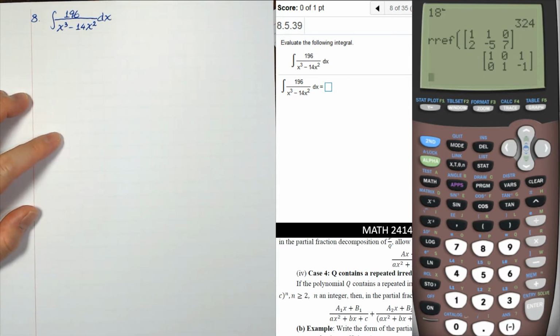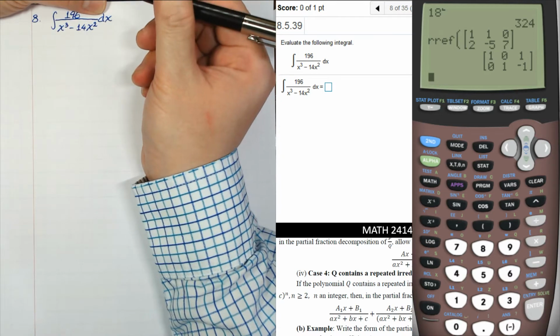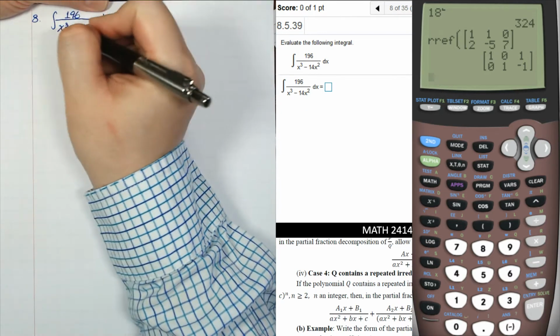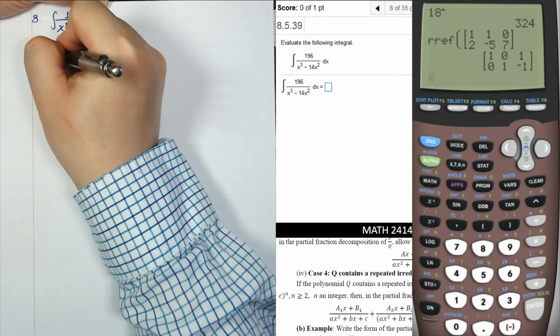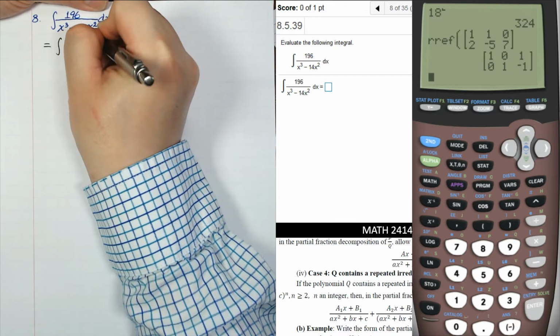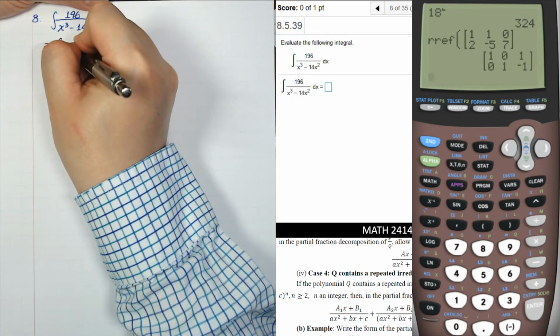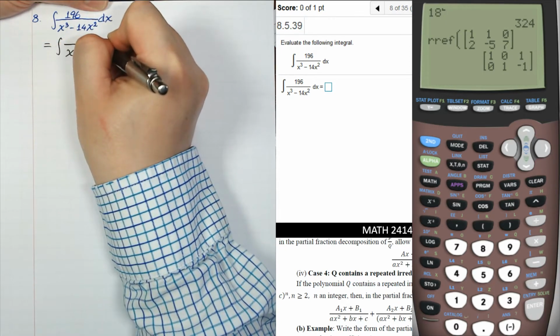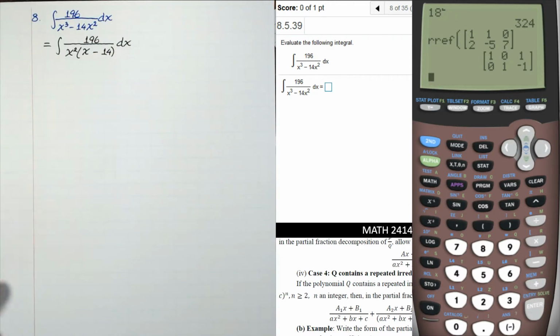Before we go any further, I will factor the denominator, because we're going to use partial fractions anyway. Both of them have x squared at the bottom. Factor out x squared, x minus 14 dx. First we do the partial fraction and then we integrate.